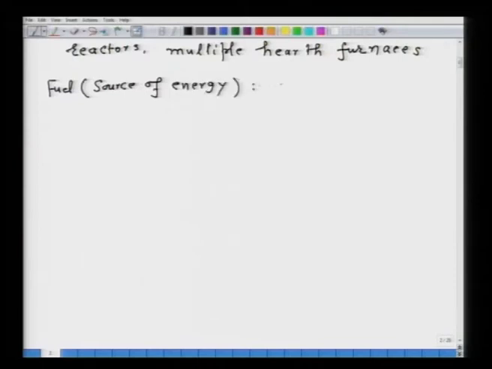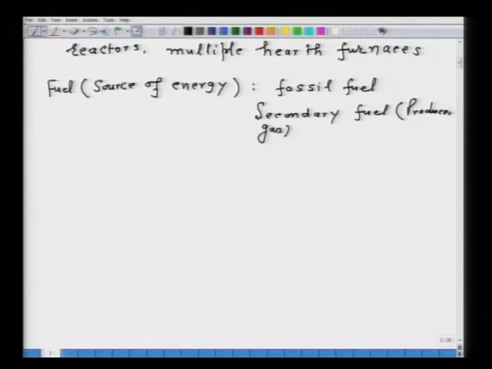In some cases it is a fossil fuel, that could be oil, natural gas, or there could be secondary fuel which are derived from fossil fuel, and sometimes producer gas is used, as you have seen in the problem. Oil, the natural gas, all are the sources of energy. So, it is also an energy consuming unit process.